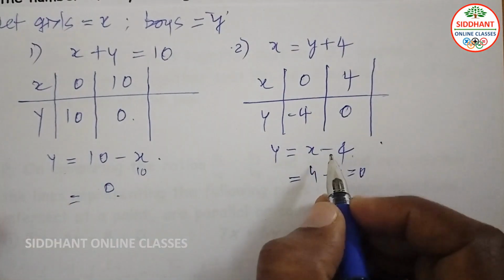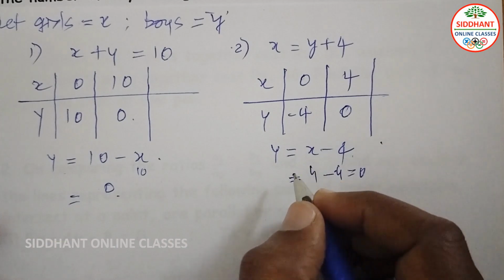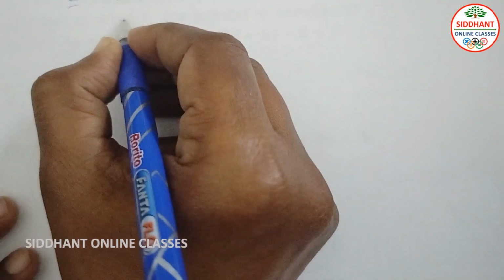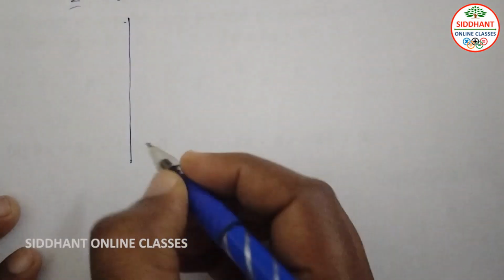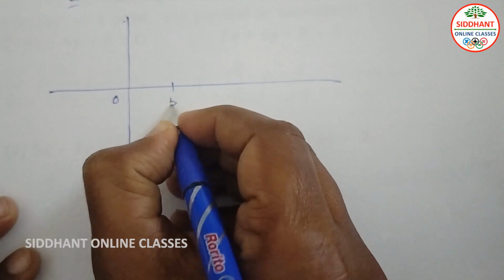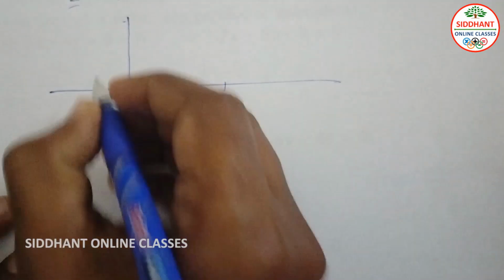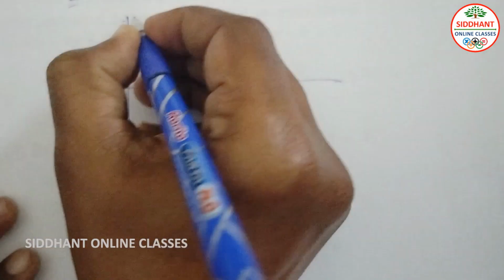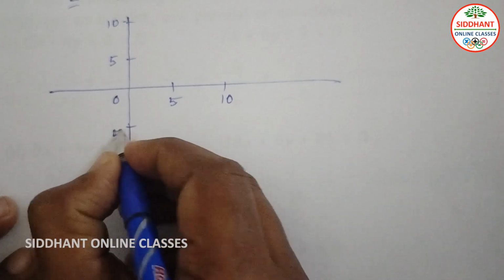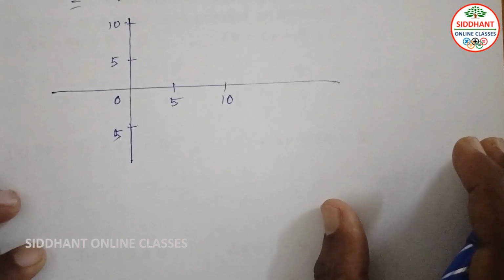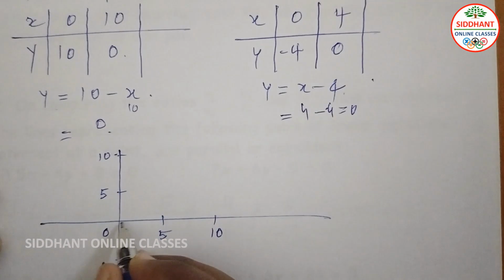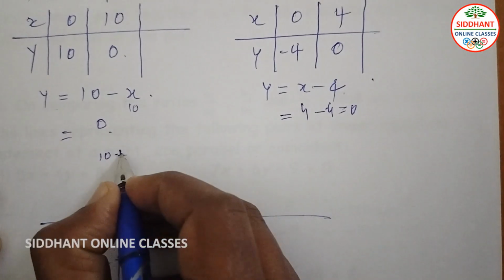Now we are going to see graphically and find the X and Y values. So in the diagram, this is 0, 5, 10, and here 5, 10. First, X equal to 0, Y is 10, so this is the point.